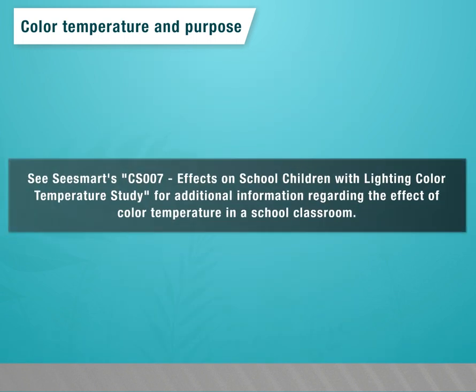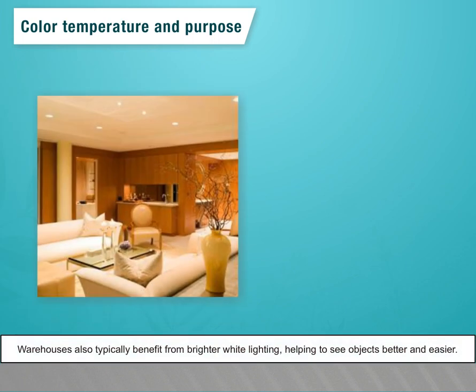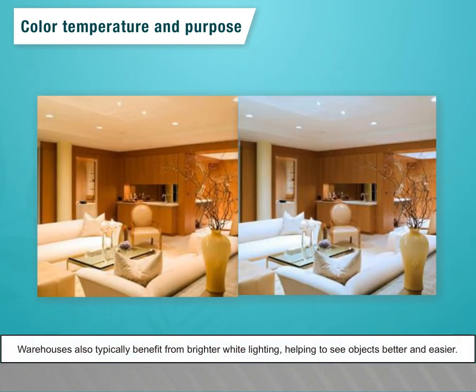See Smart's CS007, effects on school children with lighting color temperature study, for additional information regarding the effect of color temperature in a school classroom. Warehouses also typically benefit from brighter white lighting, helping to see objects better and easier.